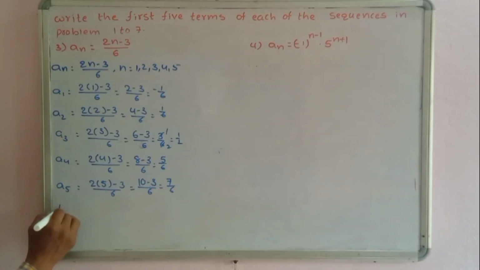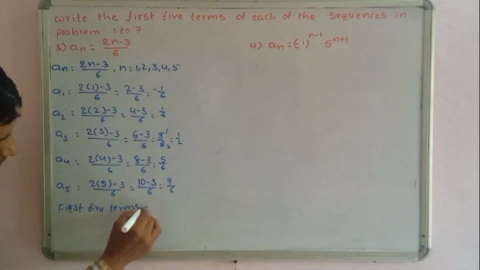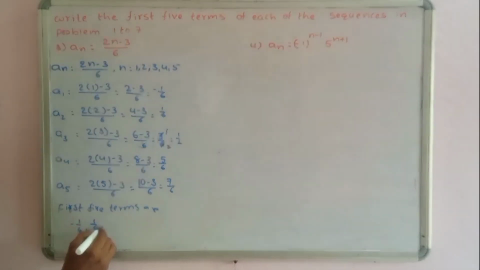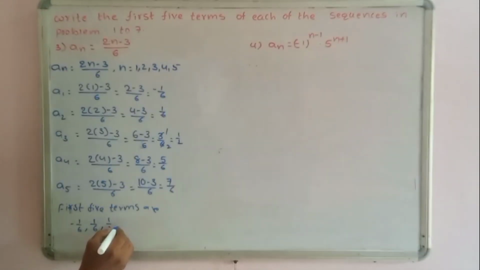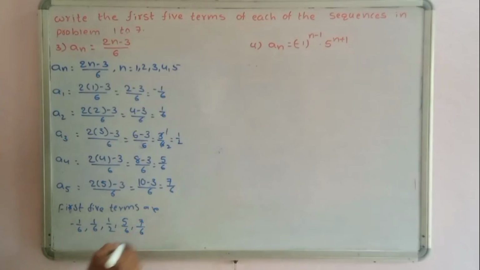So the first 5 terms are: first term is minus 1 by 6, second is 1 by 6, third is 1 by 2, fourth is 5 by 6, fifth is 7 by 6.